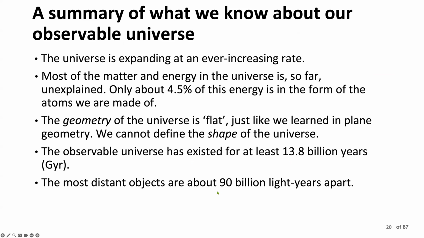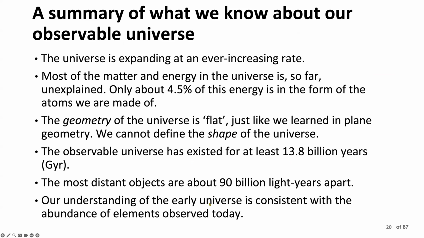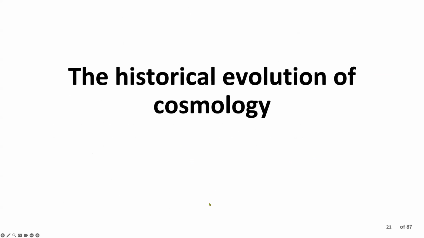All of the entire cosmos we're talking about is embedded in a volume with a diameter, if you want to use that term, a space 90 billion light years across. And we understand the evolution of the elements in the early universe.